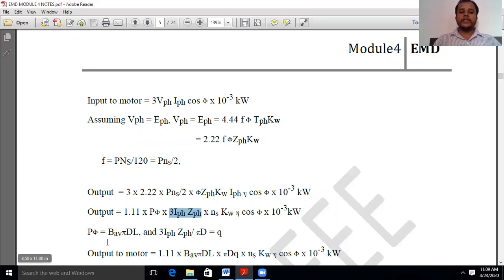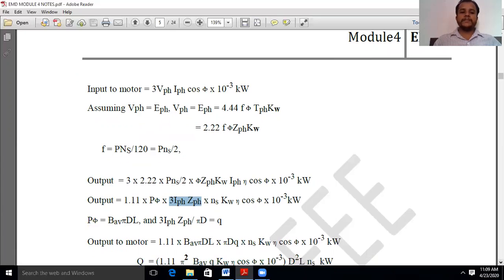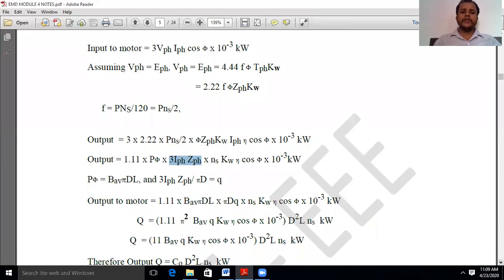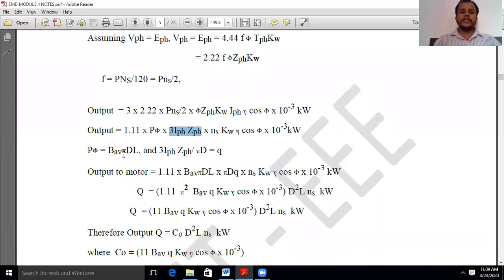We'll see what this q, D and all are below. Now the output of the motor will be given by putting these values: I am putting Bav pi D L for P phi, and this term will be replaced by q. So this is 1.11 Bav pi D L into pi D q into ns Kw eta cos phi.